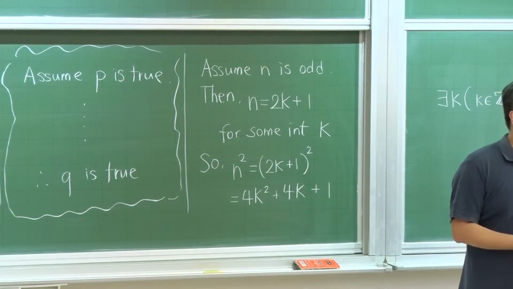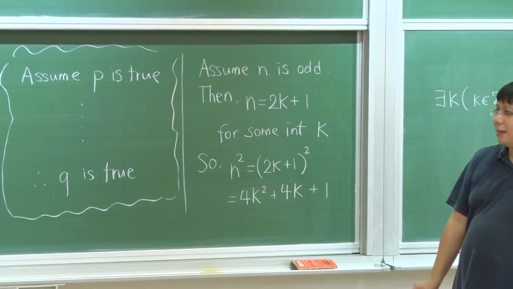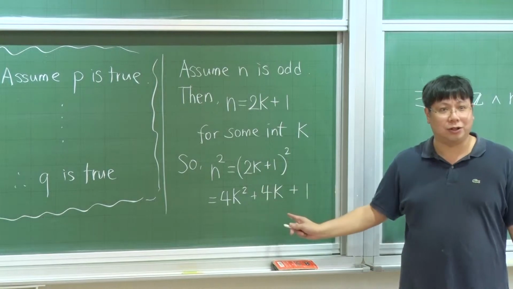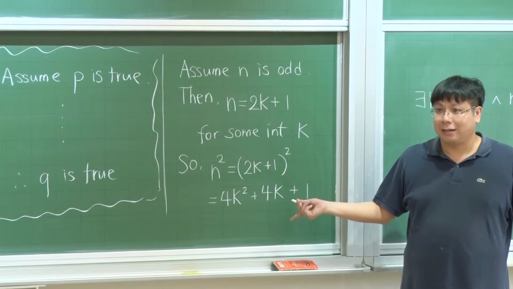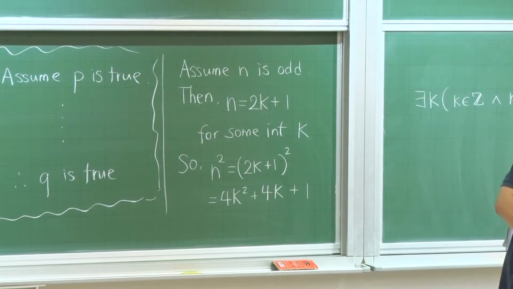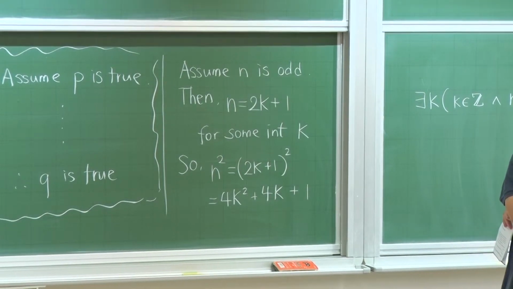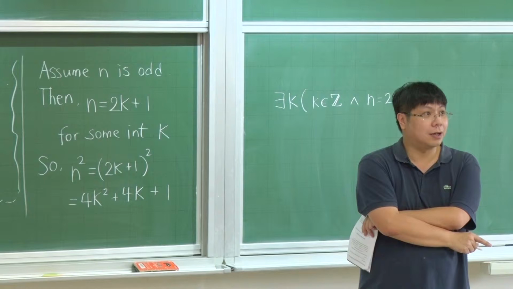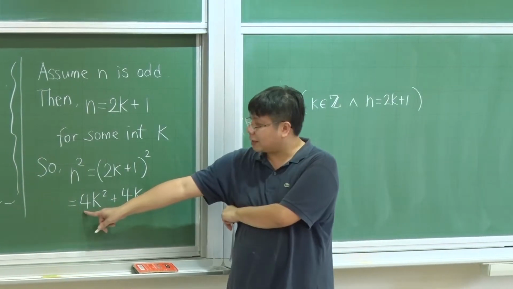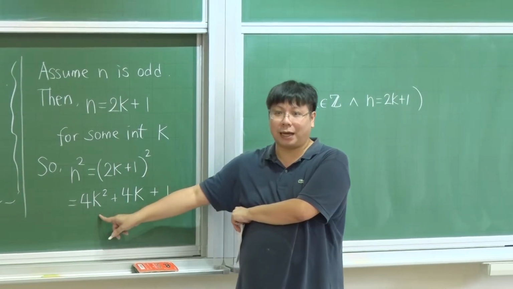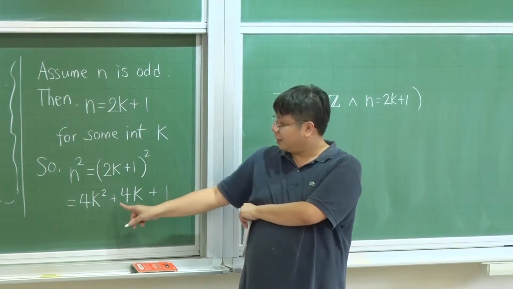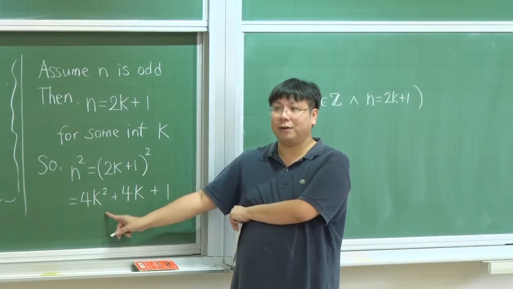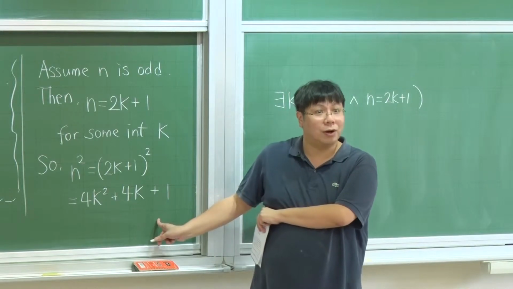Now we are nearly done. If we can somehow show that this is an odd integer, then it's done. How do we show that this is an odd integer? Of course, you can use properties of integers: this is even, even times any integer is even, 1 is odd, and even plus odd is equal to odd.